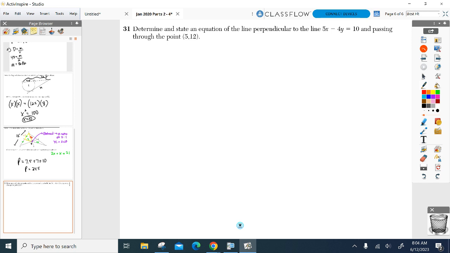Here's our basic parallel perpendicular line going through a point question. You cannot find the slope of the way this was written. We need to get it into y equals form.